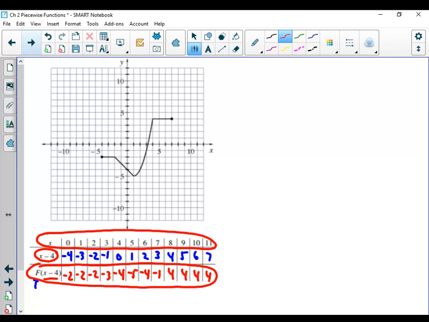So all those outputs ended up being the same as what they originally were. However, the x values were different. They were 4 more than what we originally had.